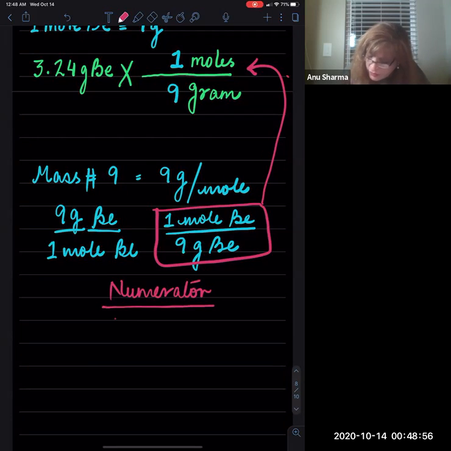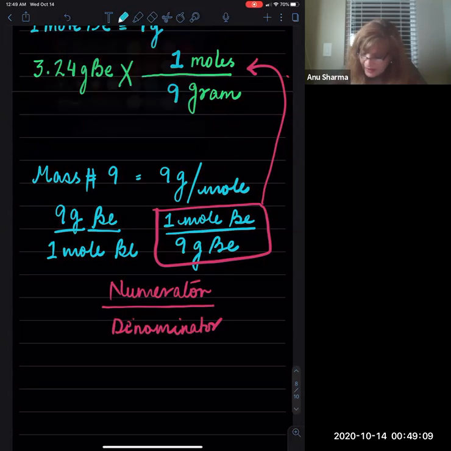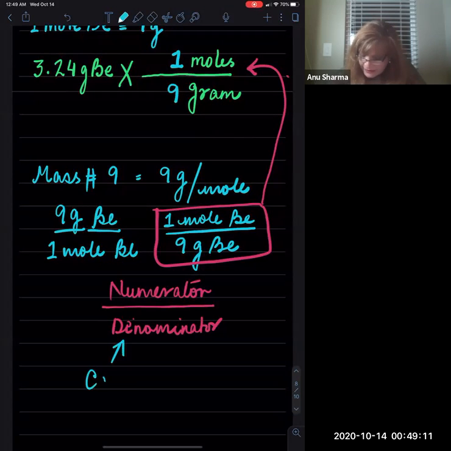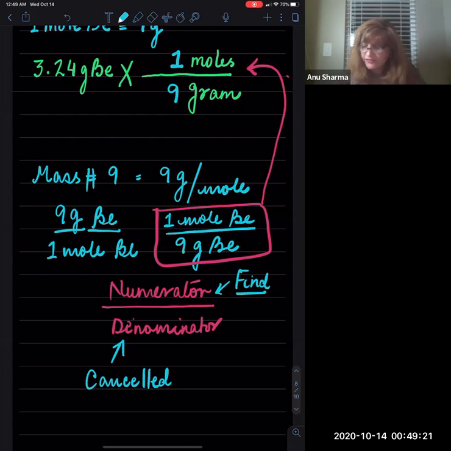The denominator is the one on the bottom, and it is the one that gets cancelled out. The numerator is the one that remains, the one the question is asking you to find.